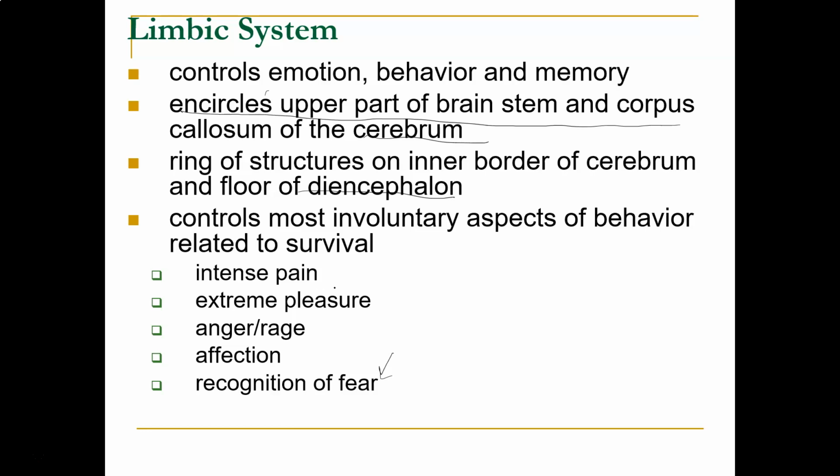So all these changes occur. With extreme pleasure, you might release certain neurotransmitters like dopamine, and so on. So these are what we think of as emotions, the feelings that go along with pleasure and pain and anger and fear. We'll be talking about especially fear when we get to the fight or flight response later.